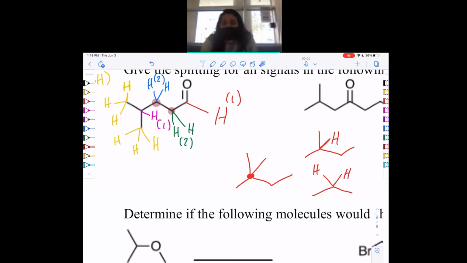Next question, do we have any double bonds? Yes, but is this carbonyl double bond going to give us any chance of having diastereotopic? No, exactly. So when we say double bond, don't consider a carbonyl, because that's a whole other thing.